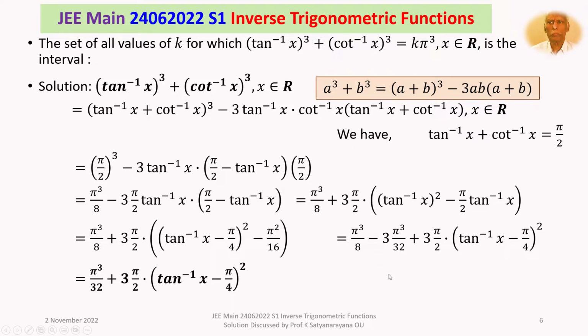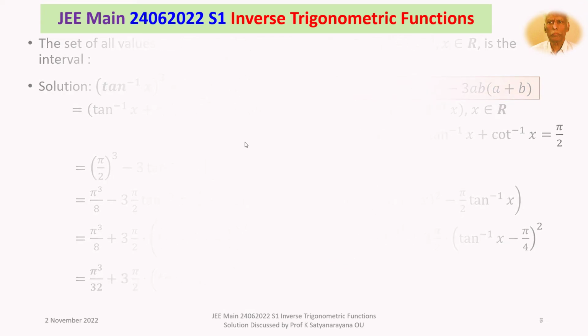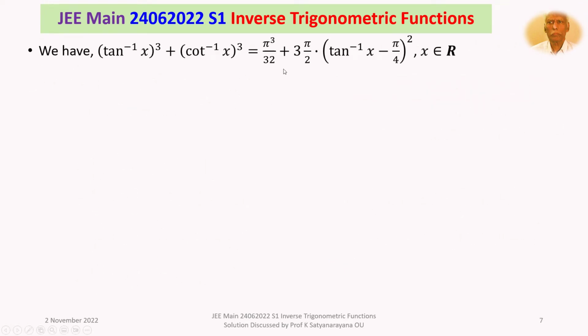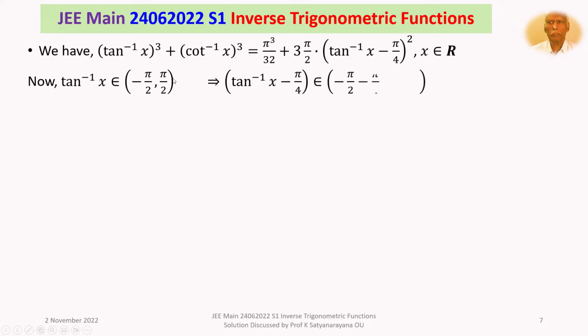That is the simplification, and that is what we have in the last slide. Now we see tan inverse x belongs to what? When x belongs to R, tan inverse x will belong to minus pi by 2 to pi by 2. Correct.